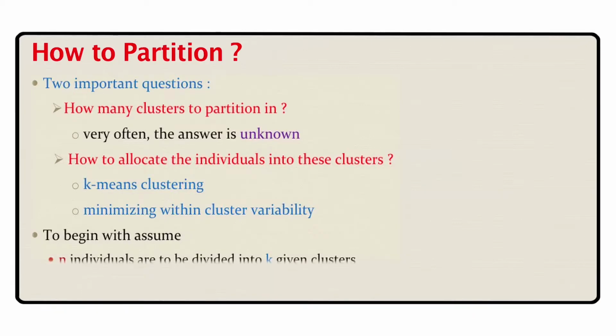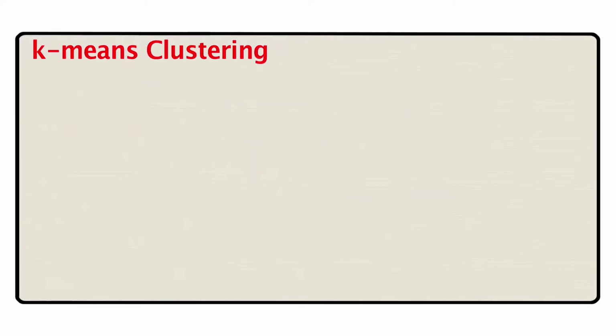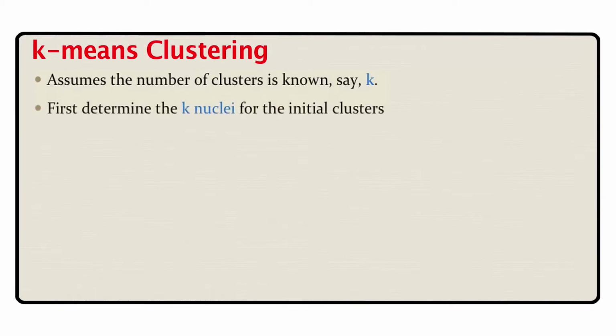So when we do the clusters, we begin by assuming that the n individuals are to be divided into k given clusters, and later on we'll see how this k can be chosen in an optimal manner. K-means clustering. In K-means clustering, as we said, we know the number of clusters. This is k.